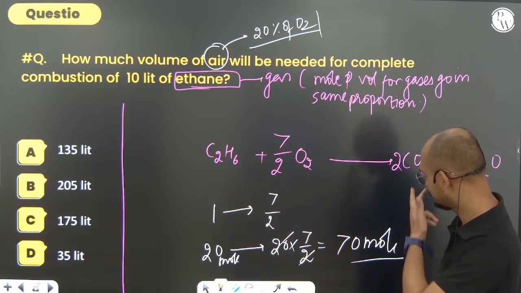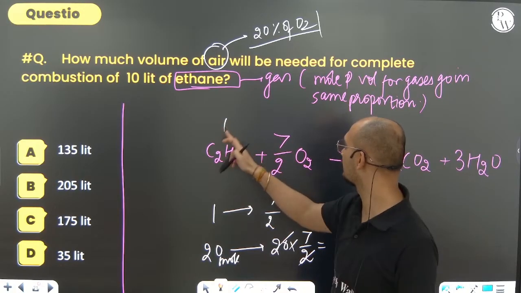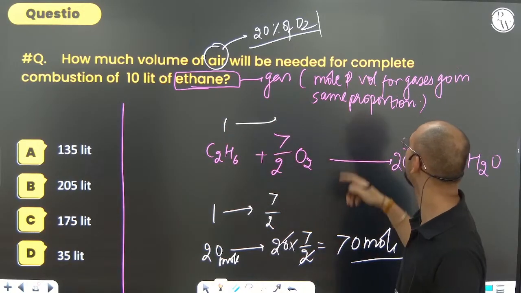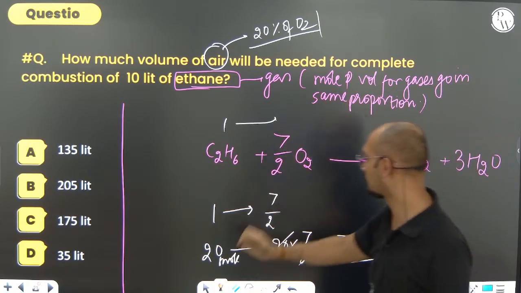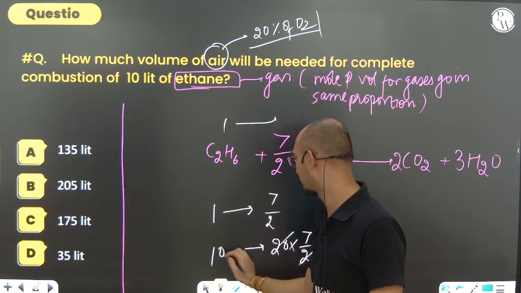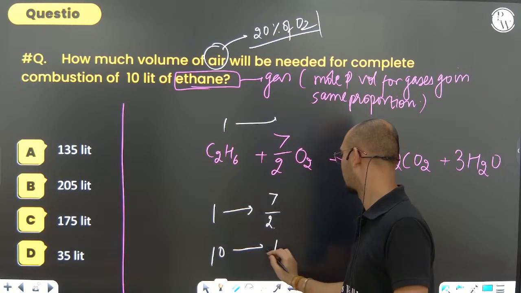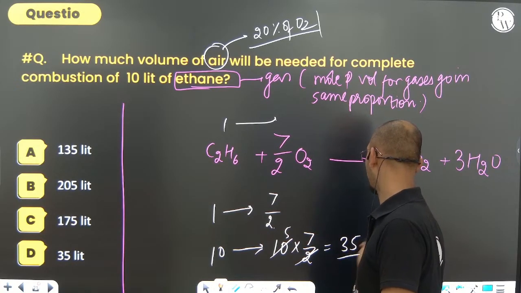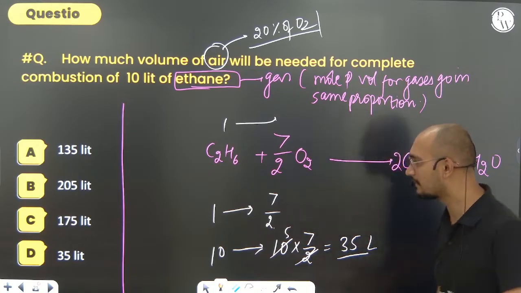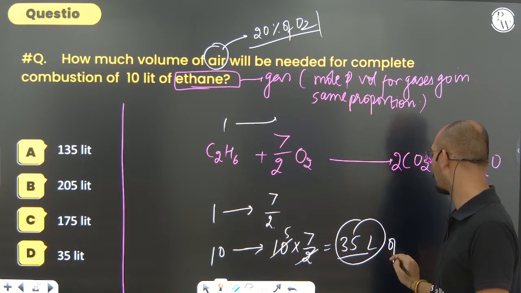Yeah, just a minute. 1 mole reacts with 7/2 moles, how much volume of air will be needed for 10 liter? Sorry. It is asking for 10 liter, right? So 10 liter will be needed. 10 into 7/2, cancel 5. 5 7 35 liter. Basically, if it is telling you 35 liters, you have to understand 35 liter of O2.